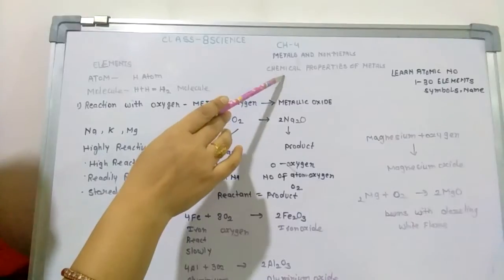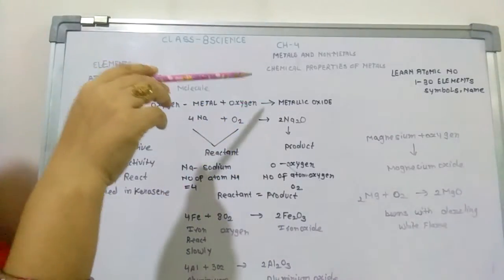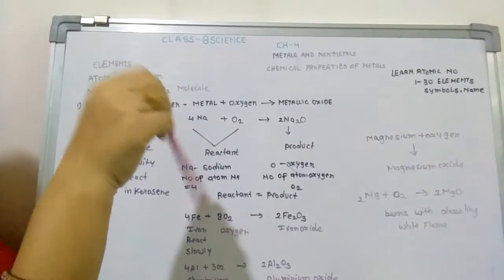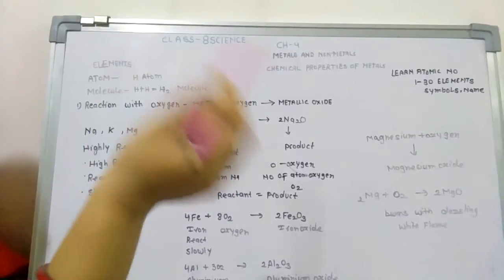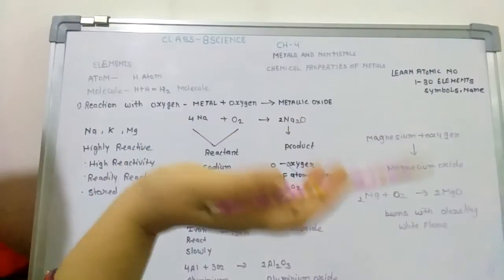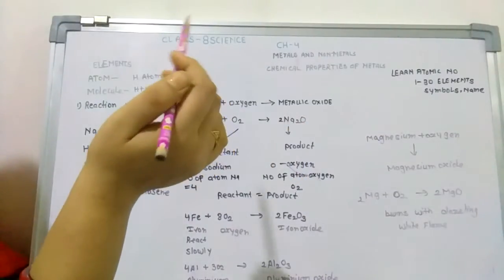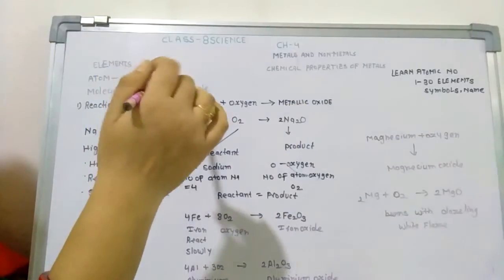Before starting the chemical properties of metals, you have to know the elements and their symbols. There are several elements discovered, and you can see these elements in the periodic table. So search the periodic table on the net or ask elders.